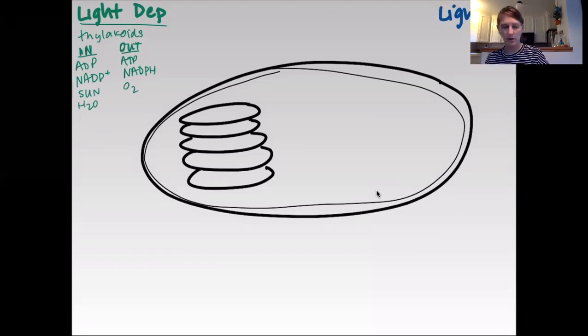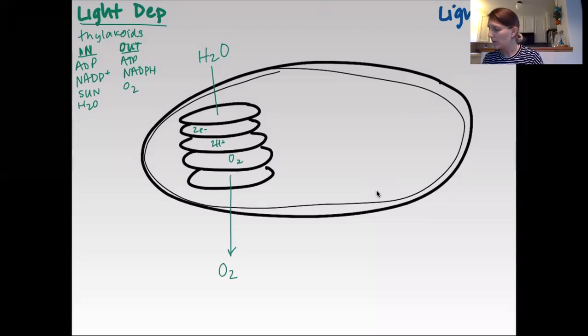If we look at the light dependent reactions, we are going to see water coming in, right? Water is going to get split into electrons, a couple of protons, and oxygen, right? That oxygen is going to be coming out of the plant through the stomata.